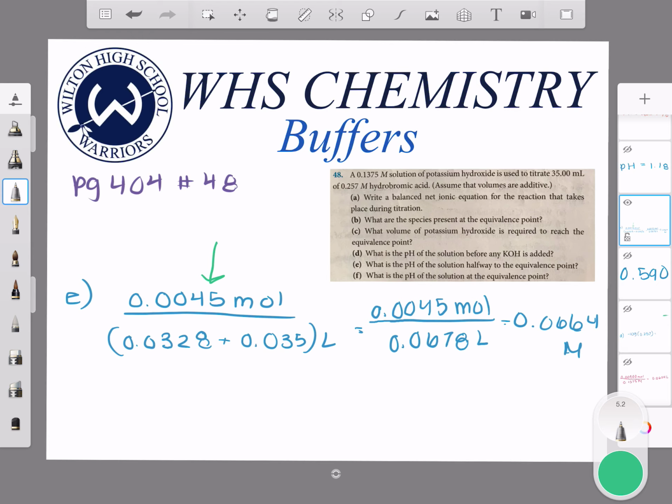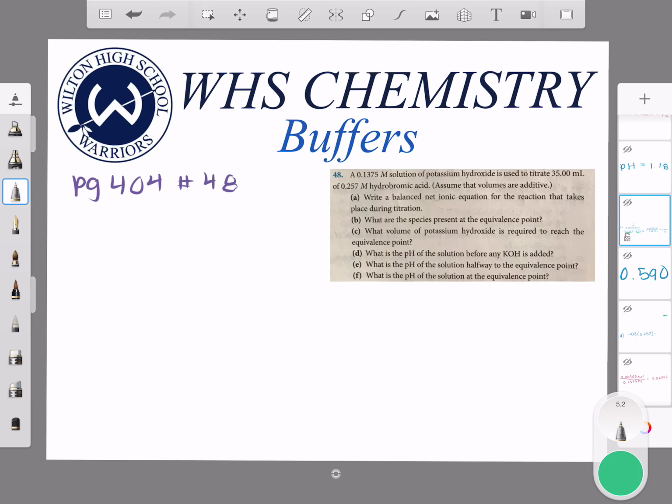That's why we're using half of the moles. And then for the bottom here, this is half of the total volume of potassium hydroxide needed, and this is just the other volume that they give us. So we just add those two, and we get that the molarity is 0.0664. And then if you take the negative log, we get the pH equals 1.18.